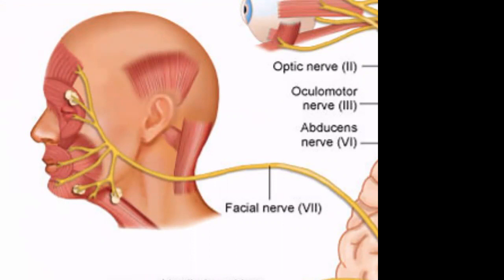But this one is important because of a condition called Bell's palsy, where part of the person's face will droop, almost look like they had a stroke, but they didn't have a stroke.